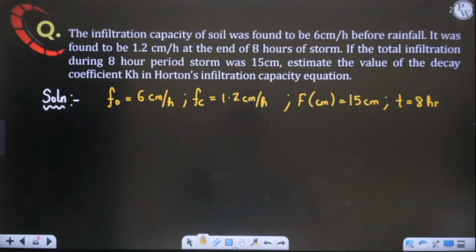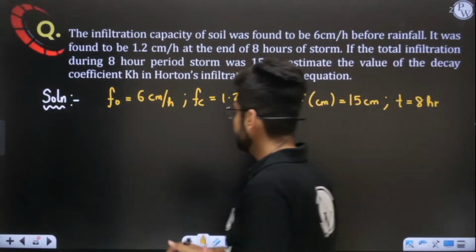Can you guess the value of K? Try to solve it.